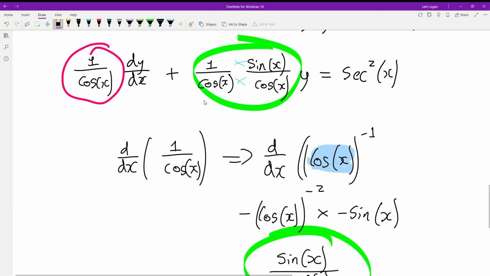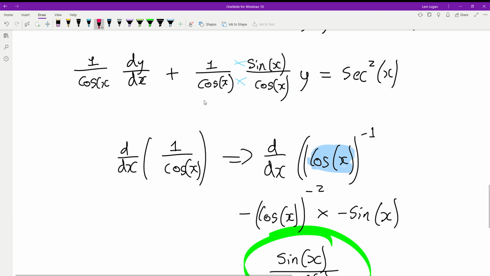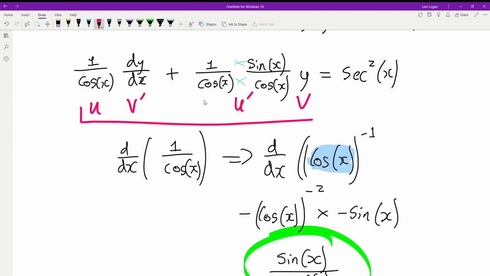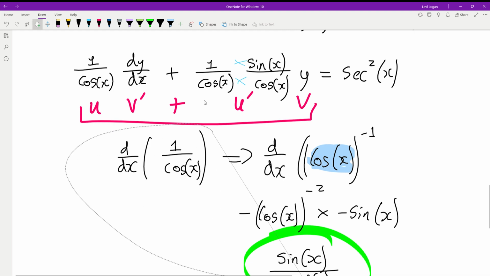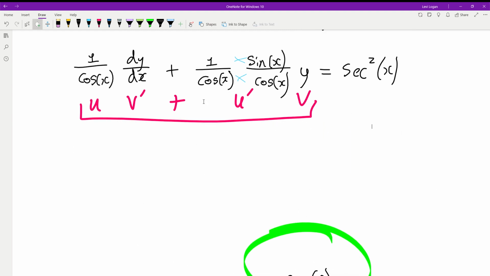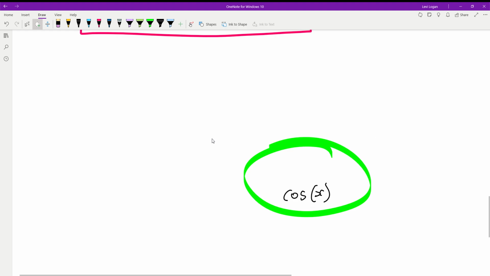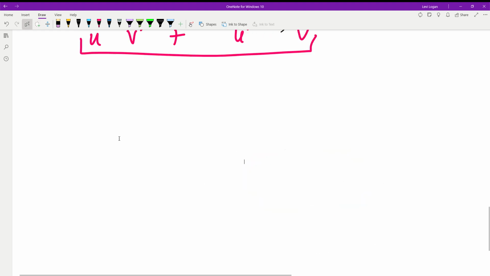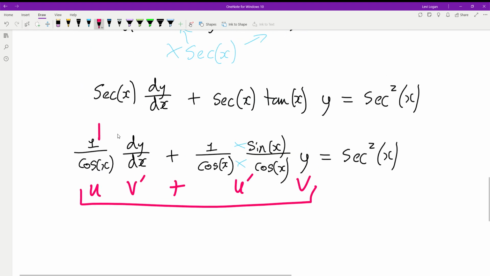Okay, so effectively what we have here is a function which we'll call u, the derivative of another function, v dash, and the actual function here. This is the product rule. So what this means is we have a perfect derivative, because we have a derivative and function pair next to each other twice. What I mean is this function's derivative is right there, and this function's derivative is right there.